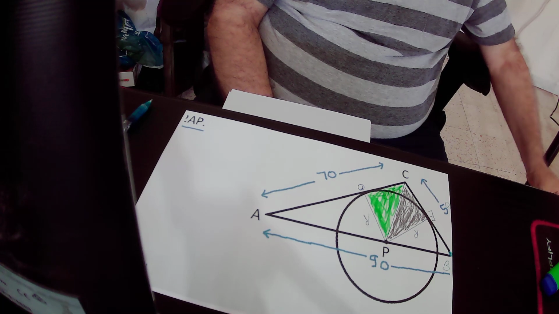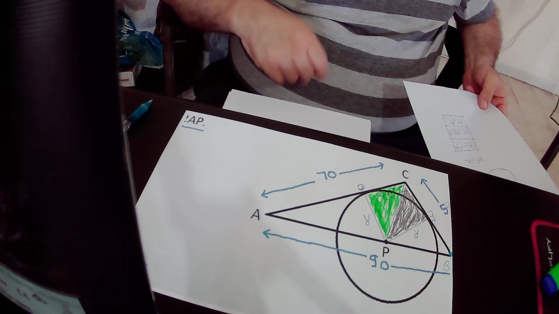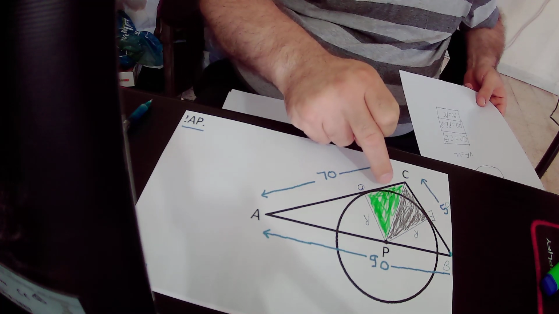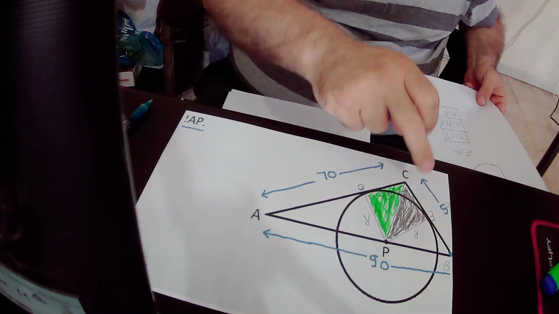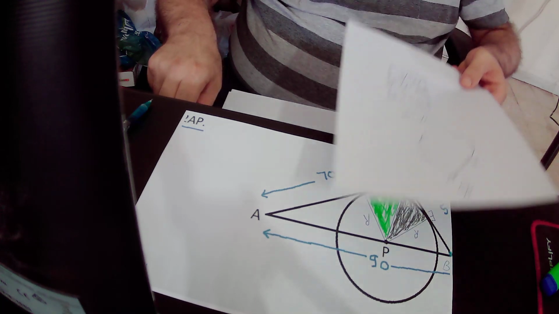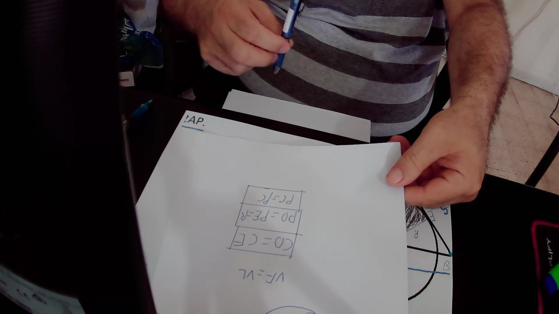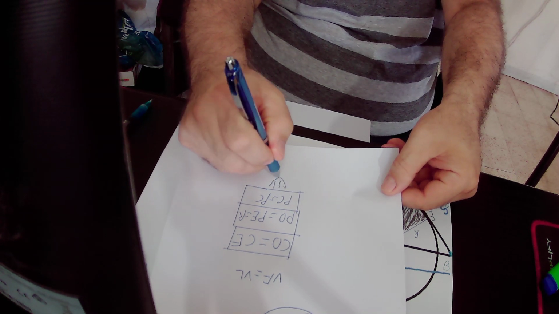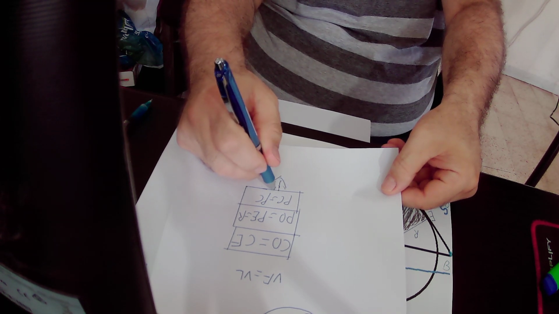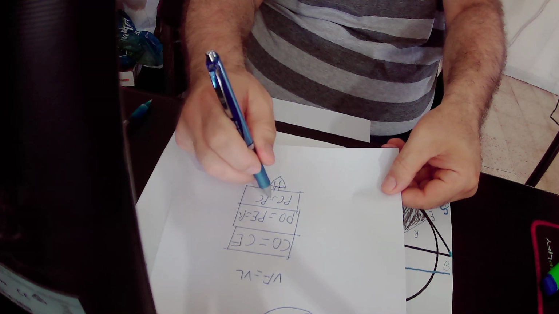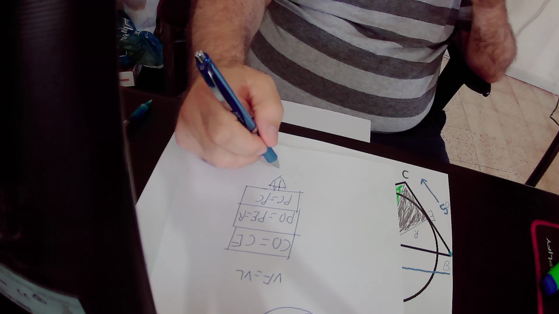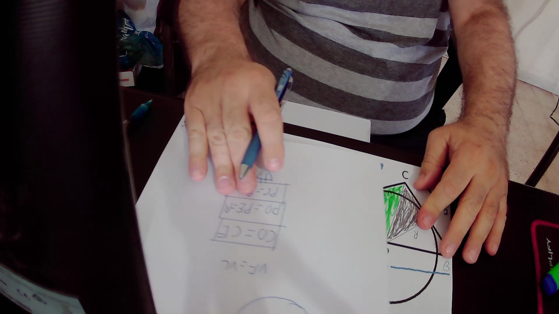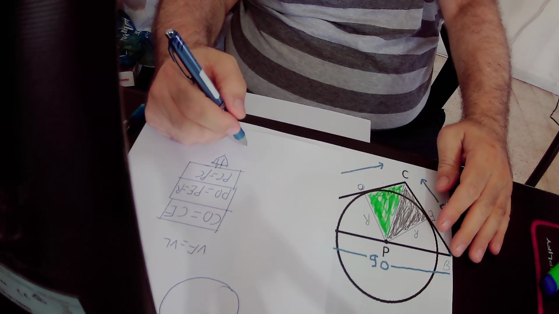For that reason, we can deduce that the green triangle is congruent to the black triangle. Okay, so we can deduce from the fact that three sides of the green triangle are equal to three sides of the black triangle, that the green triangle is congruent to the black triangle.